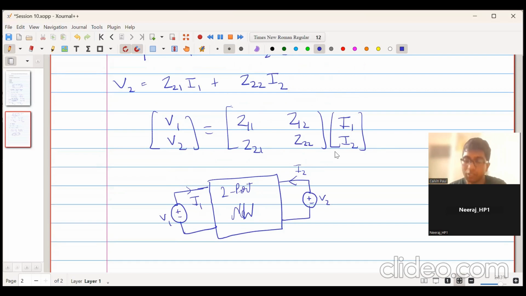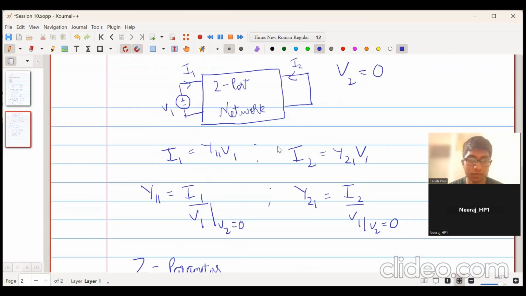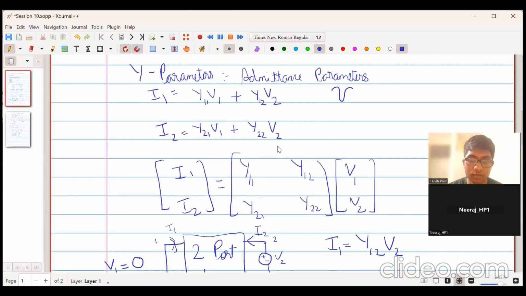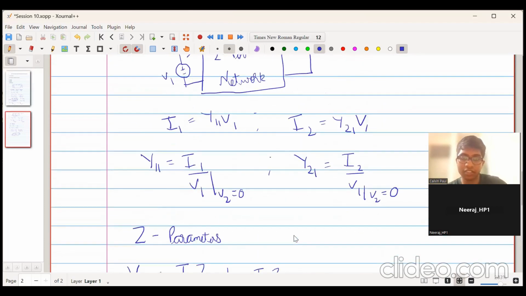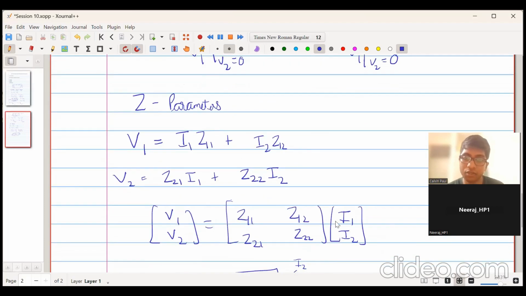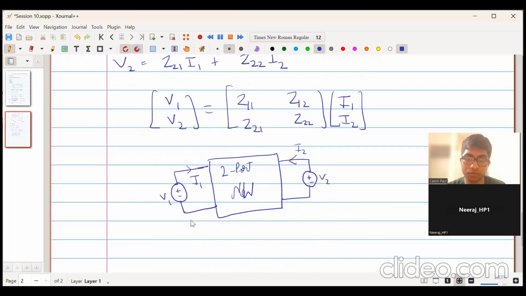And if both sets of parameters are used to represent the same network, then there should be some relation between the two sets of parameters. You will observe this is I1, I2 in terms of V1 and V2. Similarly, in the next one, there is V1, V2 in terms of I1, I2. So I'll write down the Y parameters.